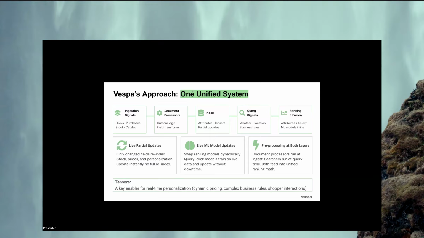So really, we can see that with Vespa, one unified system means that you can integrate all the signals that you care about, whether they're part of the ingestion time, they can be live updated through Vespa partial update, or they can be set at query time. And all of these reach the ranker and are applied in real time during retrieval. So there's no batch lag, there's no glue code, there's no external re-rankers.